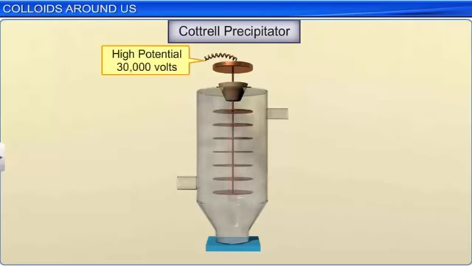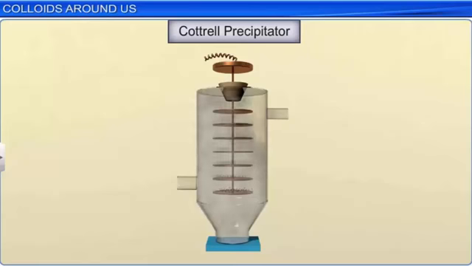The charged particles of smoke get attracted by the oppositely charged electrodes or metal plates and fall to the bottom after getting discharged. The clean hot air passes out through the chimney, thereby reducing pollution.